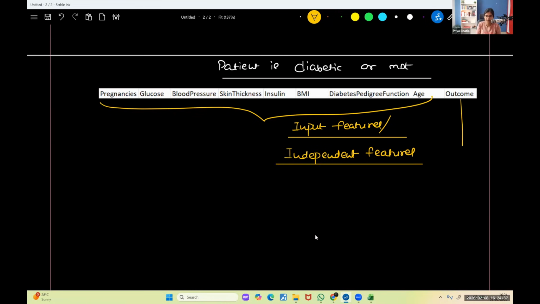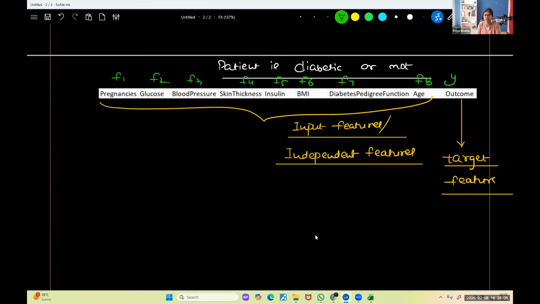And this outcome is something which we call the target feature. The output is something which we call a target feature. So based on feature F1, feature F2, feature F3, feature F4, feature F5, feature F6, feature F7, feature F8, this target value of Y will be predicted.